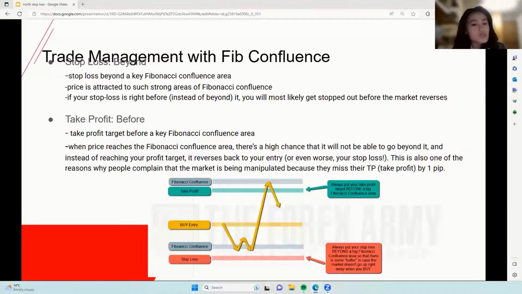This is one of the reasons why people complain that the market is being manipulated, because they miss their take profit by 1 pip. Okay, so that's the general idea of trade management and the proper placement for your stop loss as well as your take profit levels.